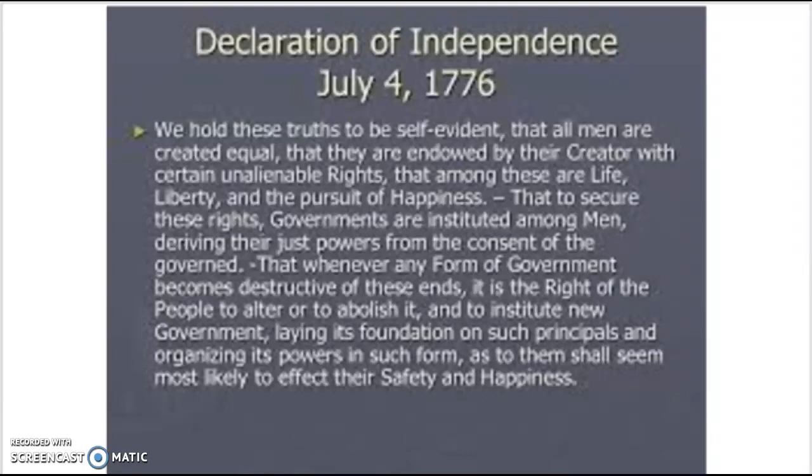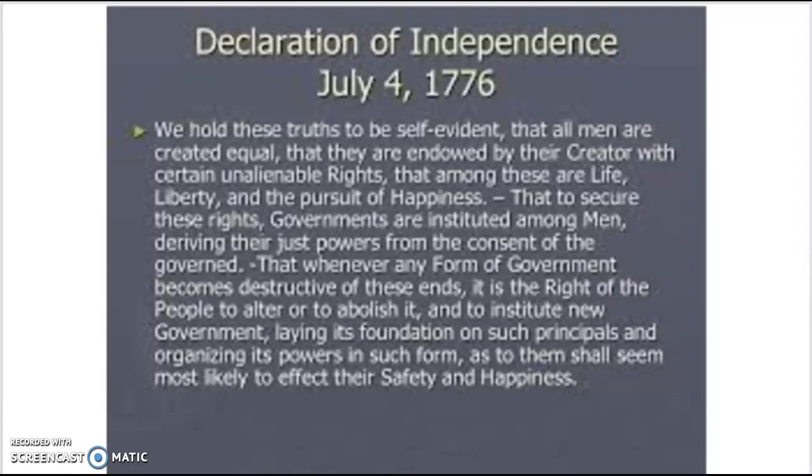So basically this document then is explaining that we have unalienable rights, that our government should be of the people, meaning the people should be the main source of power. We should have a say. And then essentially at the end there, the social contract. If the government's not doing what it said it was going to do and it's become destructive, as Great Britain's government had become destructive towards the American colonies, then the American colonies have the right to alter or abolish it.